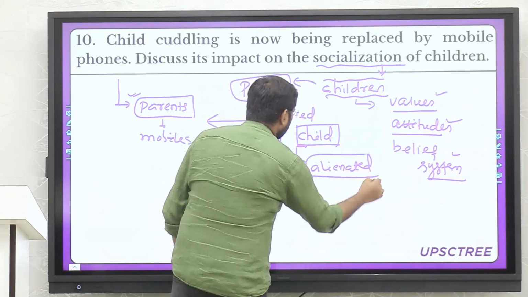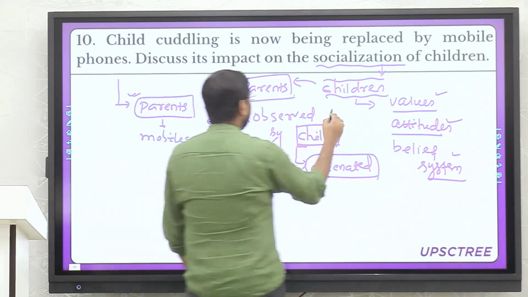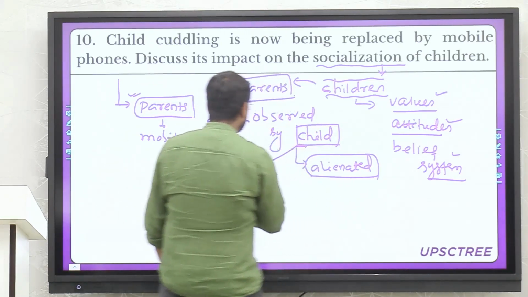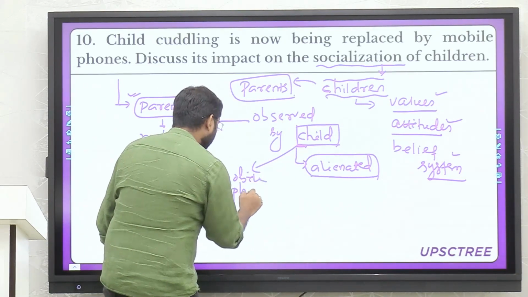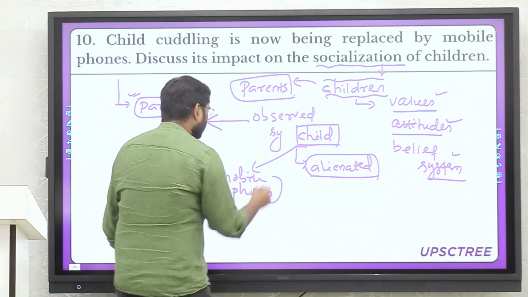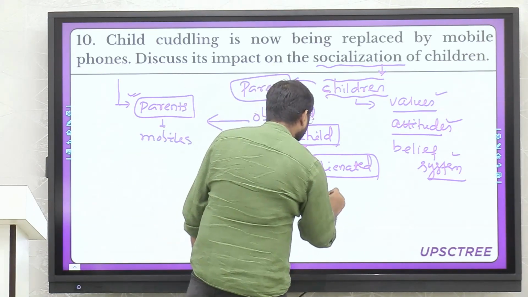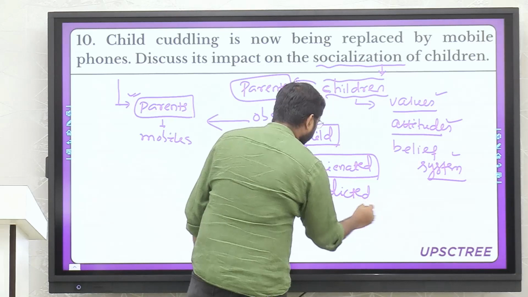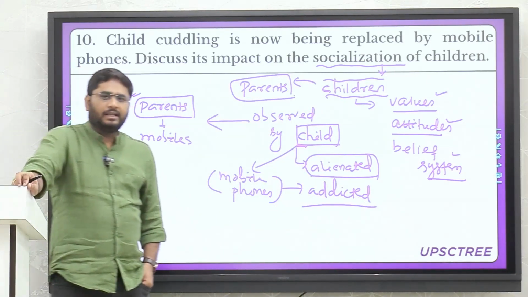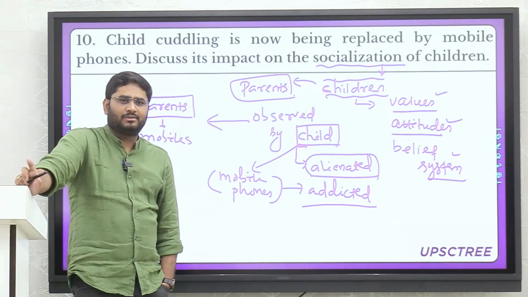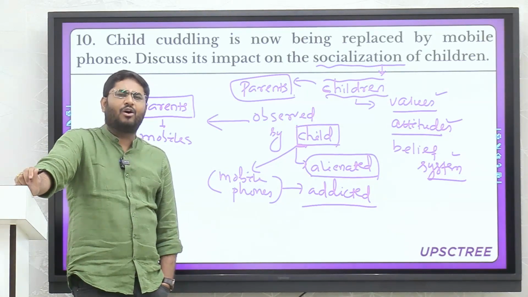And when I am talking about the child, when the child learns how to use mobile phones, the child is addicted. If you visit any of your relatives who have a child, most of the time you will find them watching YouTube shorts or Instagram reels all the time.